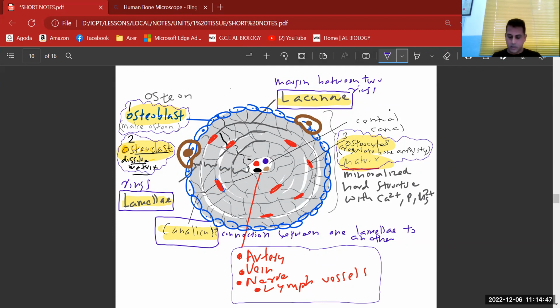And I think the last two types of tissues are muscle and nerve. We have a separate section for muscles. We have a separate section for nerves. But basic information is important to understand the system.